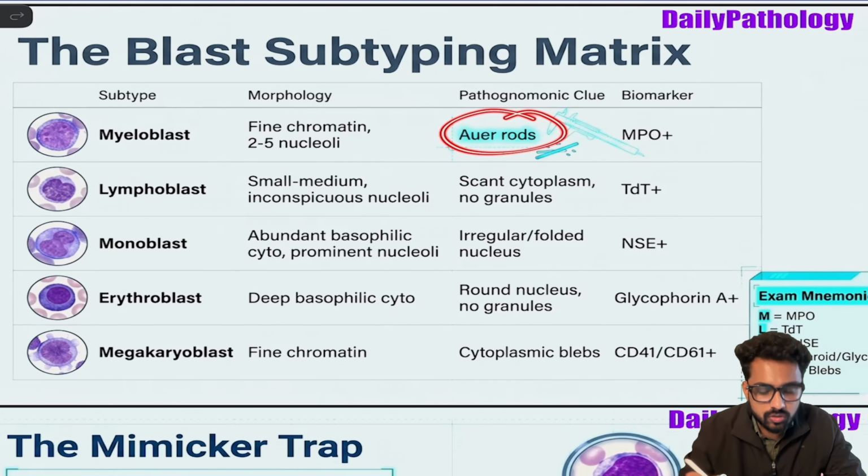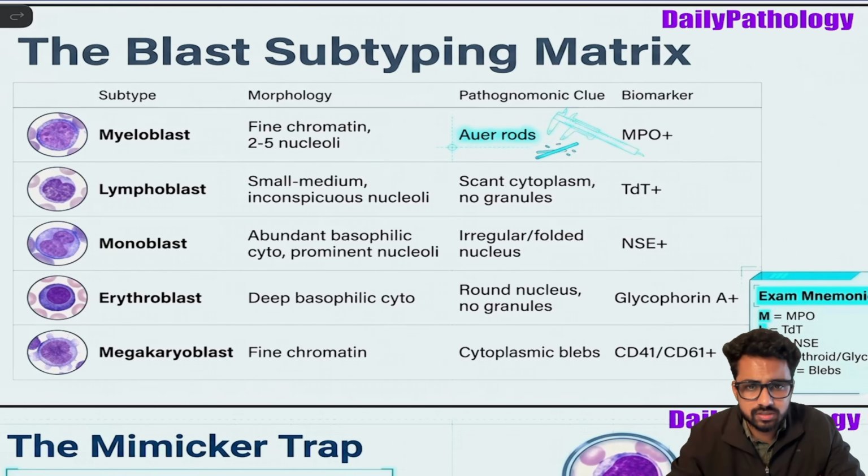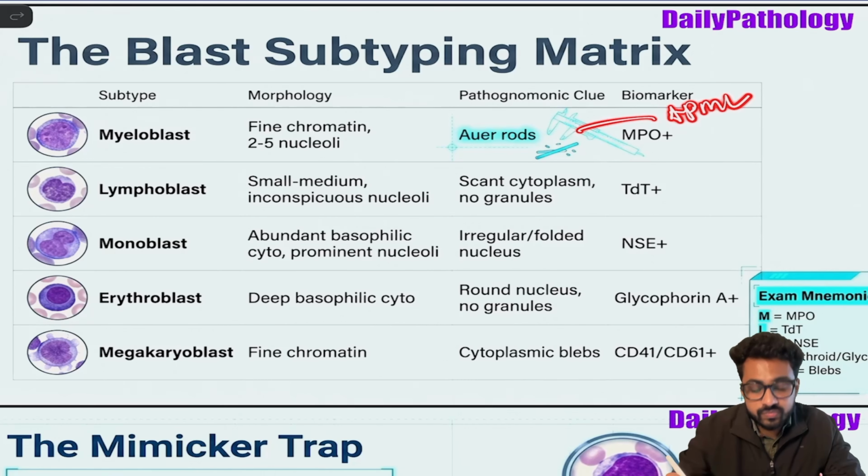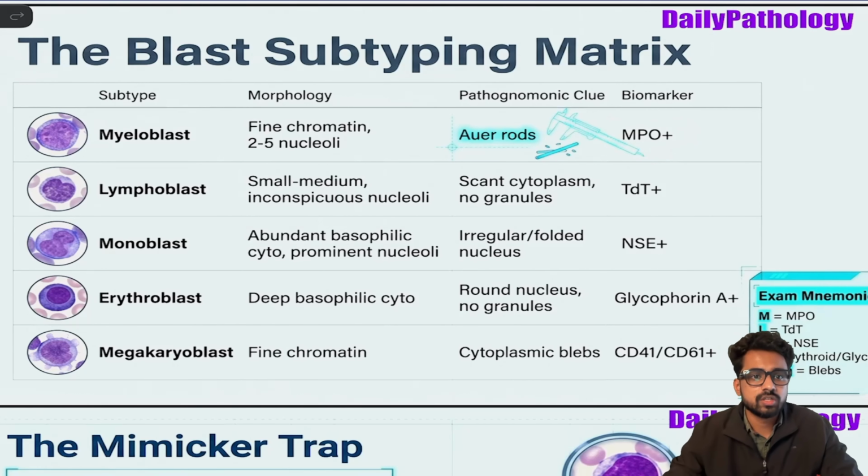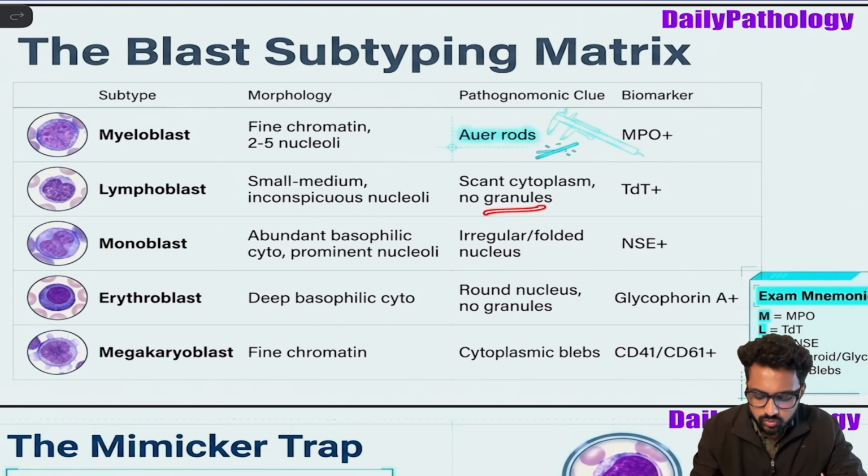The pathognomonic clue is Auer rods, but it is not always the case. Mostly seen in APML. The biomarker is MPO positive, that is myeloperoxidase positive. Next is lymphoblast, which is a small to medium cell with inconspicuous nucleoli or 1 to 2 nucleoli, scant cytoplasm and no granules, and it is TdT positive.